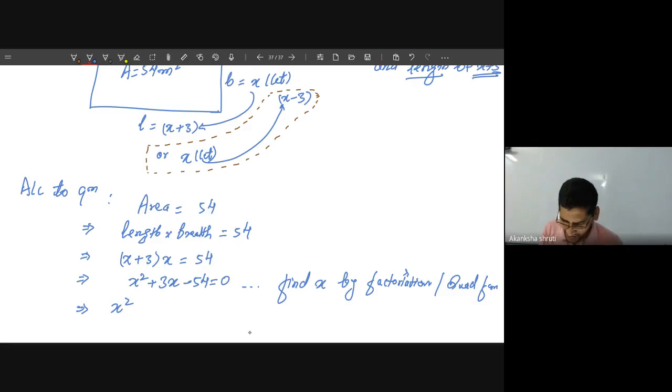So x square, what I can write, it is 9 and 6, so the bigger one is plus, so 9x minus 6x minus 54 is equal to 0.